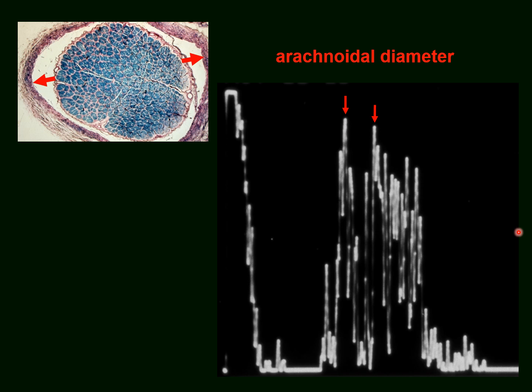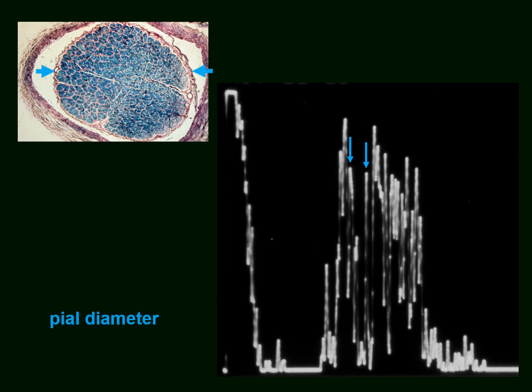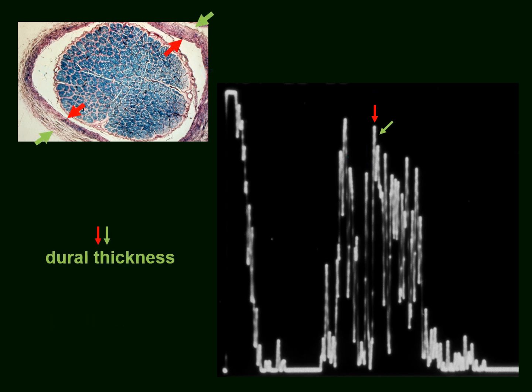Of course, they have to be maximized. These are the dural surfaces, and when you look carefully, you can already recognize that this dura here is not as thick as here, for the reasons we just mentioned. And the pial diameter. The dural thickness, therefore, should be measured on this side, opposite the incoming beam.